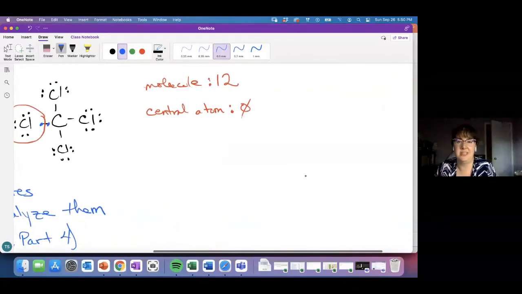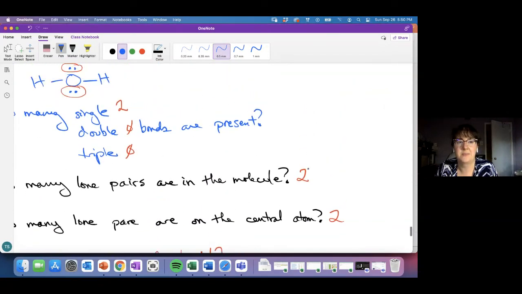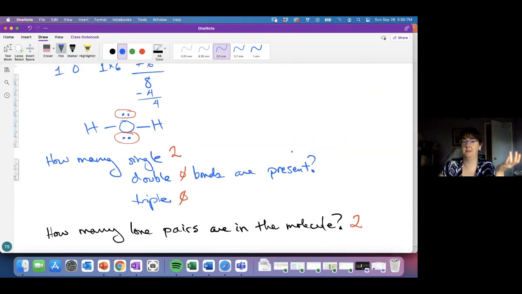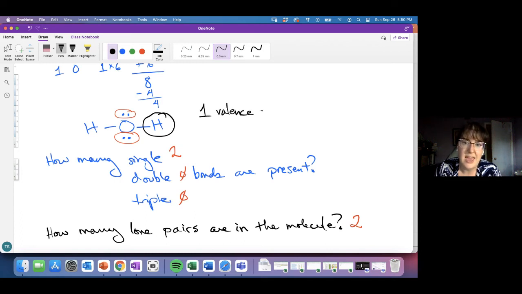So let me give you the example. So we were talking about formal charge. Let's look at hydrogen. So hydrogen has one valence electron. And if we were to give hydrogen credit for that one electron in that one bond, we would just subtract 1, and that would be 0.